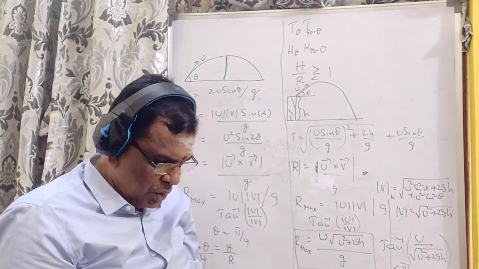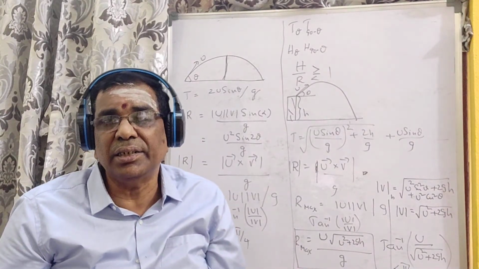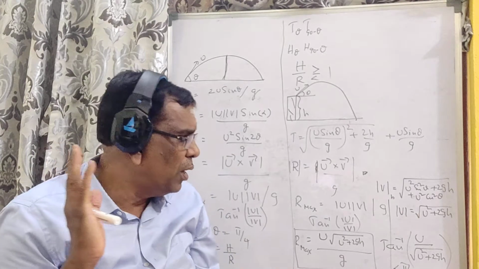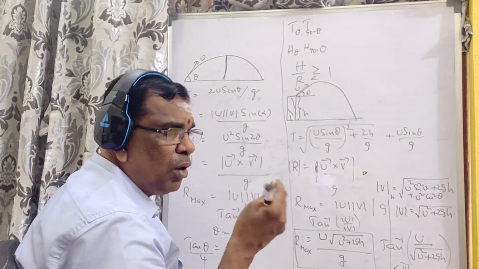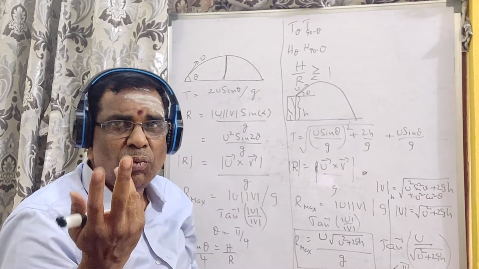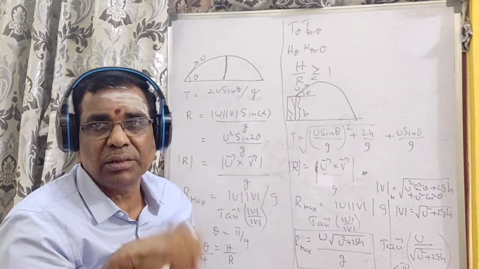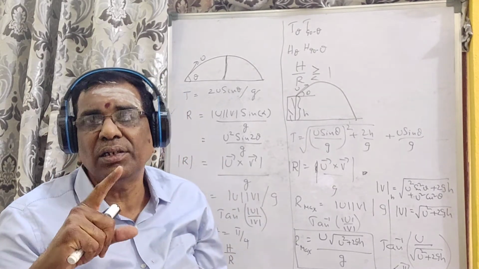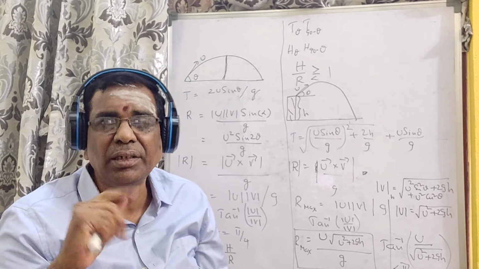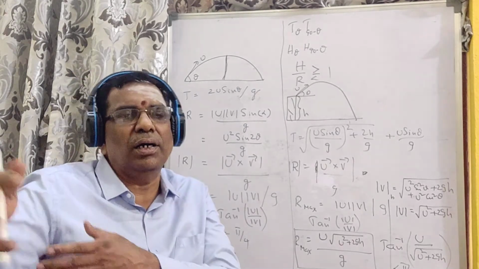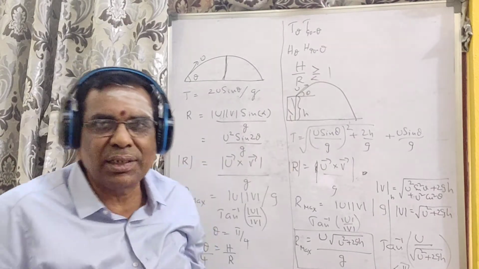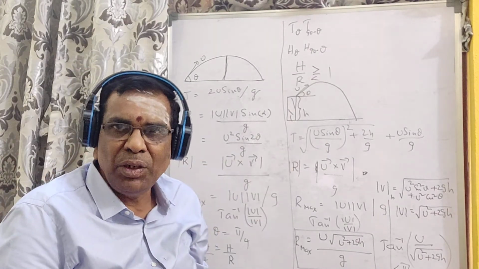If they ask you whether it is a javelin throw or shot put, what angle should you project such that it achieves maximum range? Never give the answer as 45 degrees, because nobody will lie down on the ground and try to project the body, isn't it? Will you ever do that?